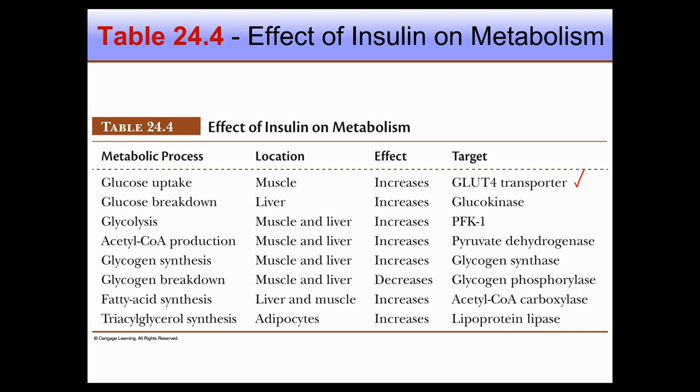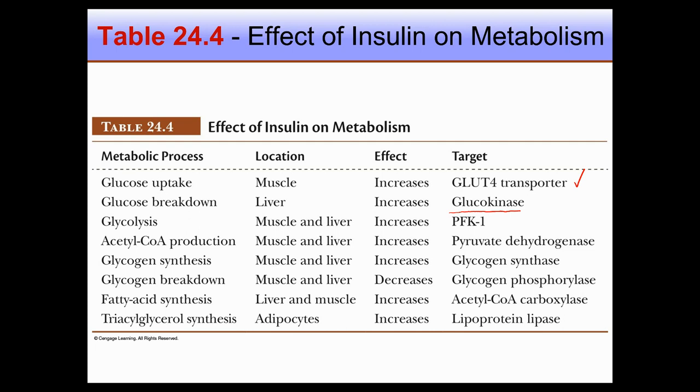It activates in the liver glucose breakdown, okay, through glycolysis. So that glucokinase is actually like hexokinase. So that's going to be increasing its function. So it's going to promote glycolysis. Okay. So I'll let you read some of these other ones.